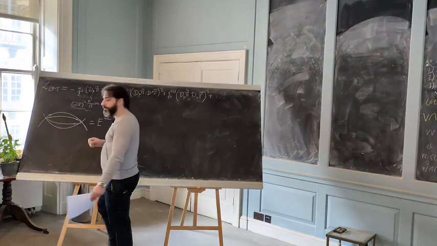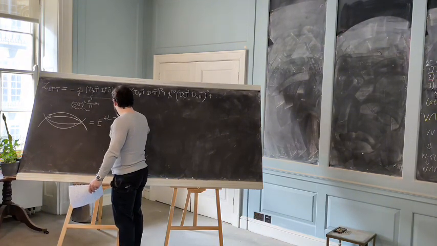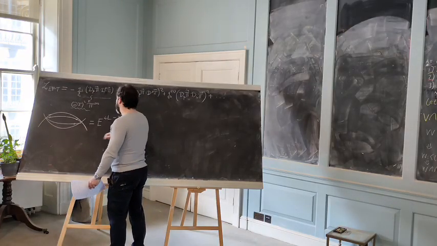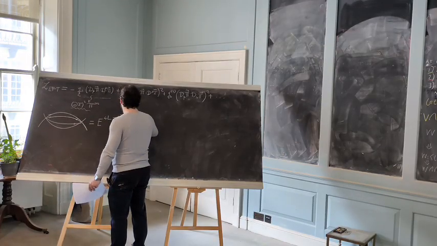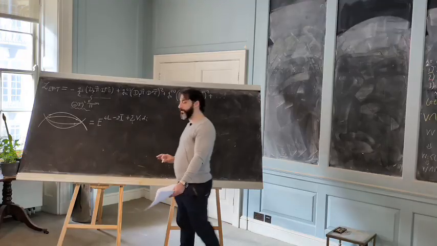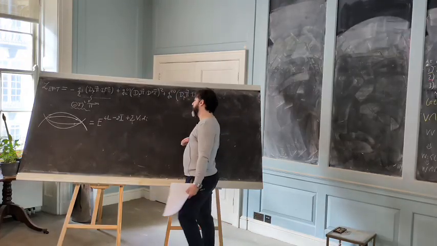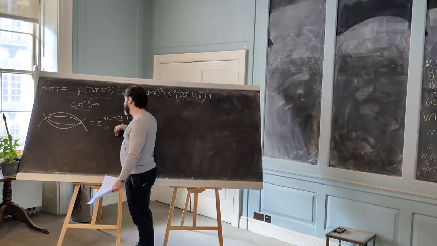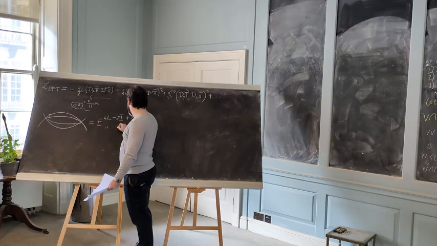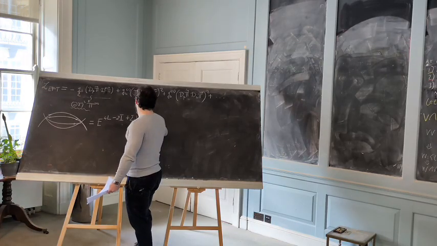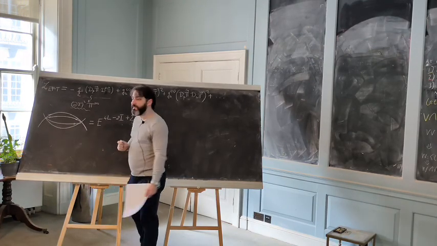Propagators count with minus 2 units of dimension, times the number of propagators I. And then there will be plus these vertices: the sum over the vertices of the number of derivatives that we attach to each vertex. So this is the basic computation. For instance, for this diagram we'll have 12, then here we'll have 4 propagators, minus 8, then we have 2 vertices with 2 derivatives, plus 4. So in total, the dimension is energy to the 8 for this diagram.